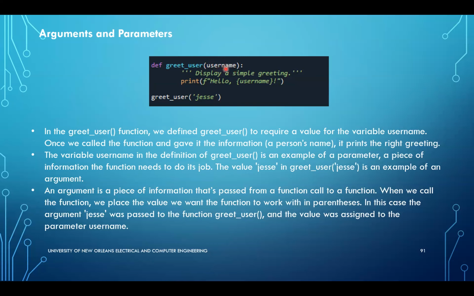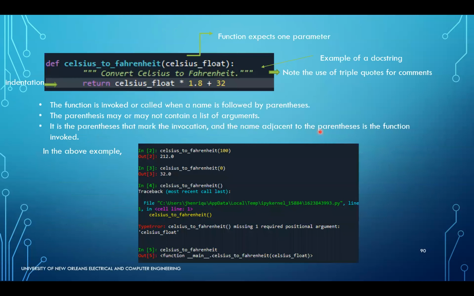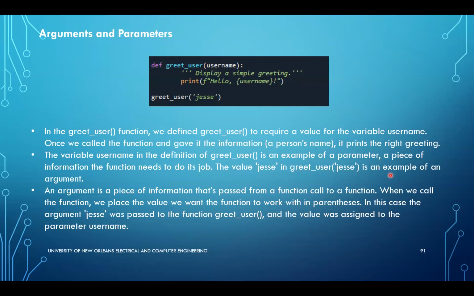So the parameter username doesn't change. It stays the same, but the argument changes. It's like in the previous example, the parameter name doesn't change. It's celsius_float. But what's inside when we call it, the argument, changes every time. So an argument is a piece of information that's passed from a function call to a function. When we call the function, we place the value we want the function to work with in parentheses.